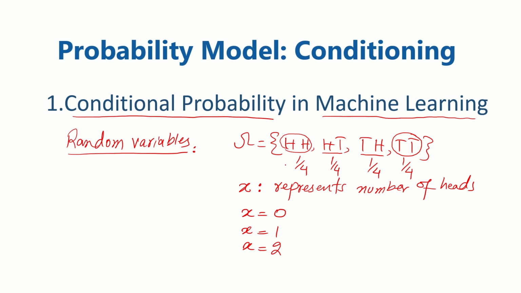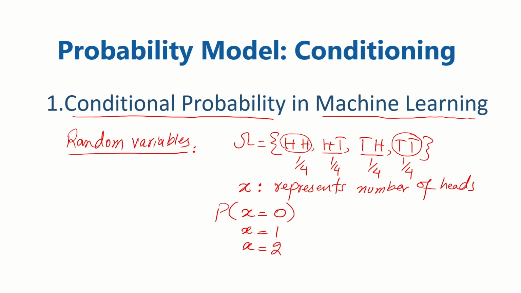So rather than writing all different kinds of events, we can figure out the variable of interest for us, and assign different numerical values to that variable, and each numerical value represents the underlying event.